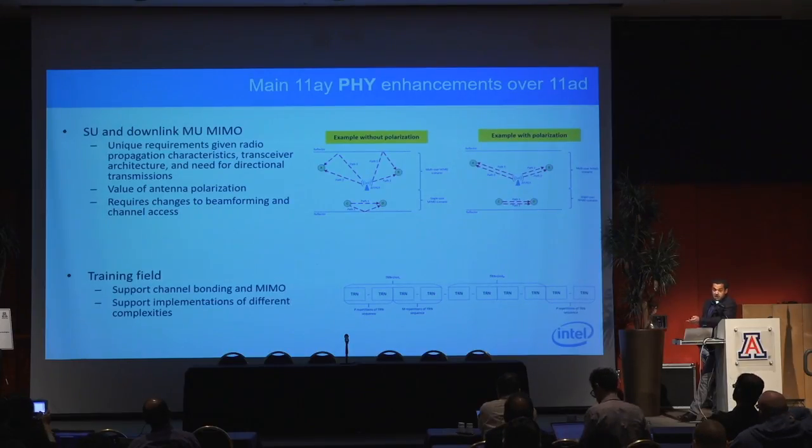And you can get, in some cases, 10 dB or 15 dB isolation between them. Or simply, if you don't have polarization, it's just trying to find two paths so that you can basically do things like 2x2 or 3x3 MIMO.